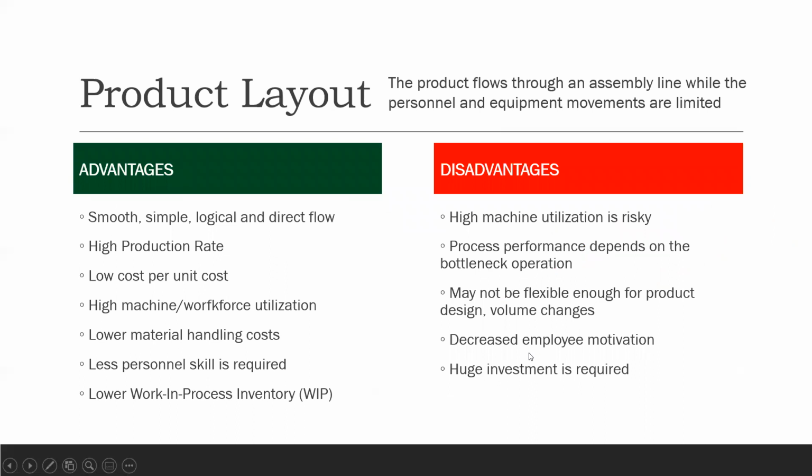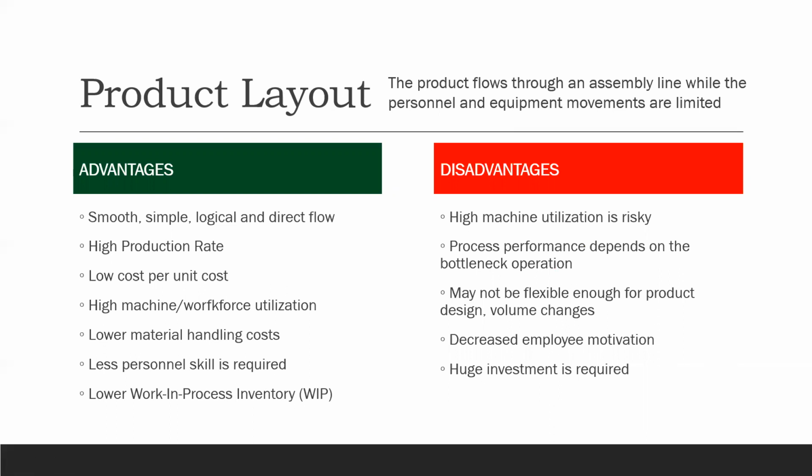And then, yun nga, paulit-ulit tayong nagagawa and hindi kailangan ng skill yung tao or walang nangyayaring movement sa tao. Kumbaga, yung tao, expertise niya lang yung isang process na yun. So, less nga naman yung motivation and mataas na investment yung required kasi nga yung product line, may kanya-kanyang naka-aside na machines.